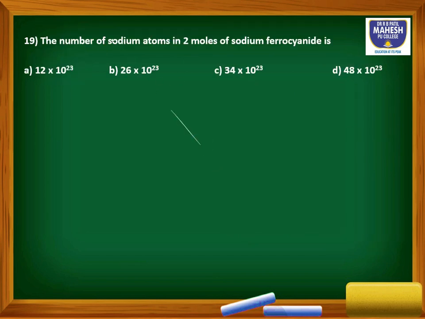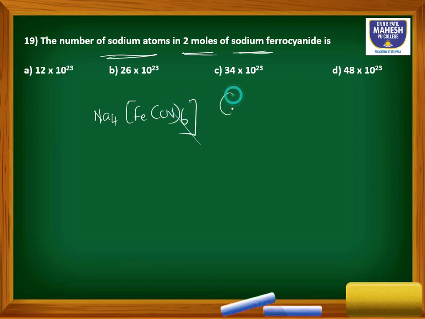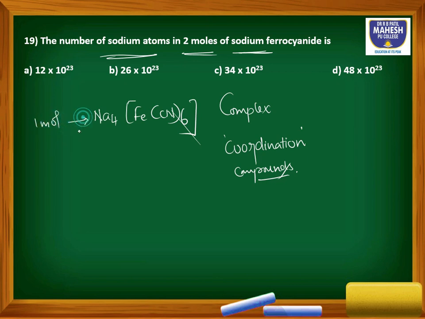Next question. Number of sodium atoms in 2 moles of sodium ferrocyanide. Now let us write the formula of sodium ferrocyanide. Na4Fe(CN)6. This type of compounds are called complex compounds or coordination compounds that you are going to study in PU2. See here, 1 mole of this sodium ferrocyanide has 4 into NA number of sodium atoms.